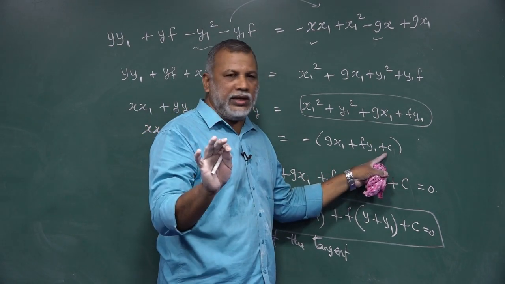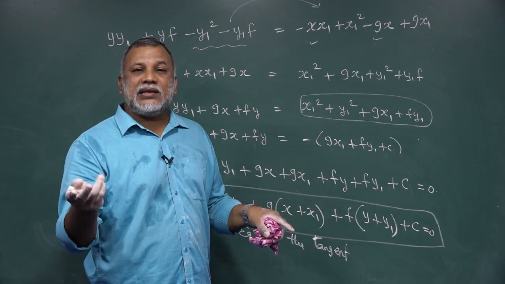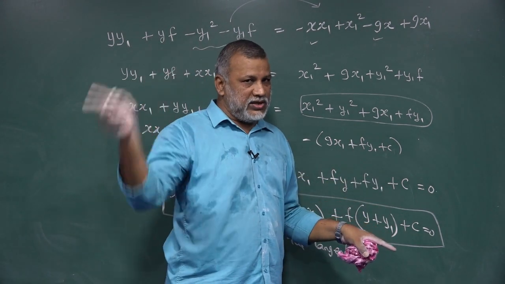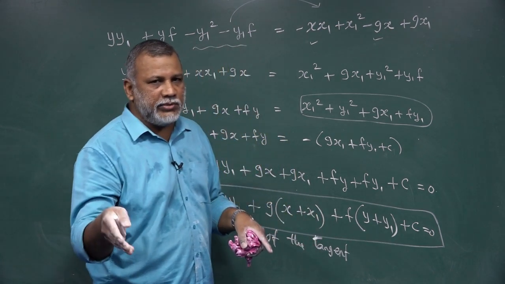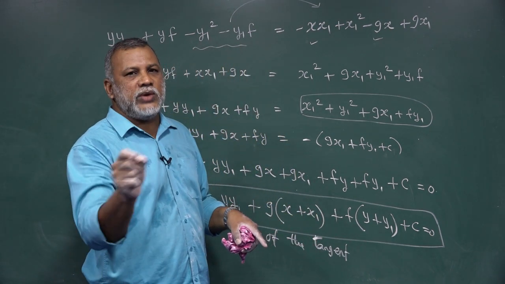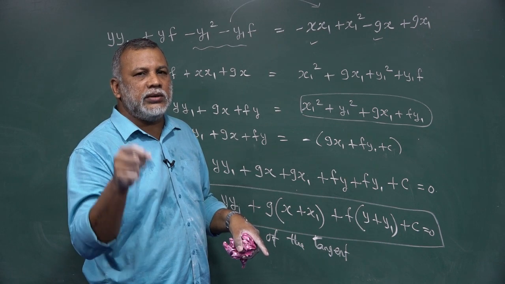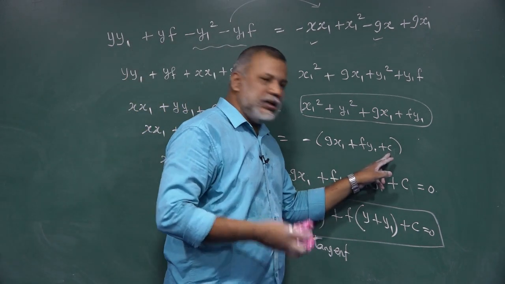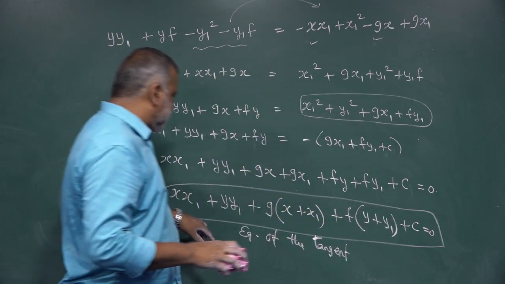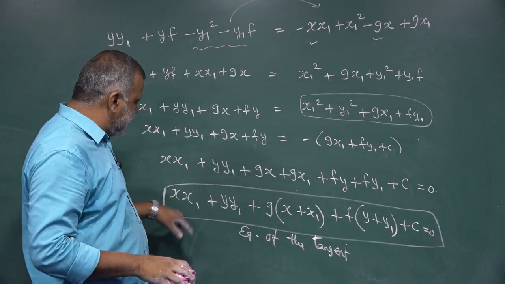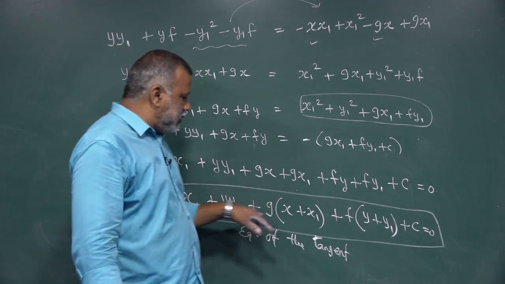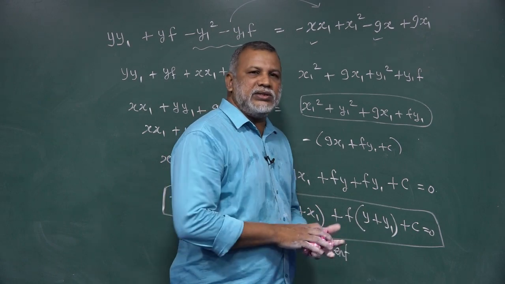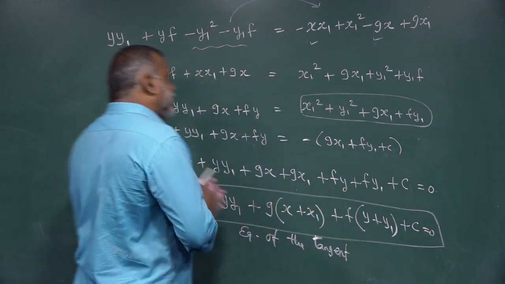It is c only, because we are replacing x comma y with x1 comma y1, and c is a constant, as in equation number 2, x1 squared plus y1 squared plus 2gx1 plus 2fy1 plus c equal to 0. So this is the equation of the tangent.